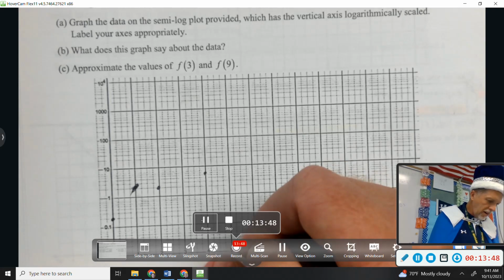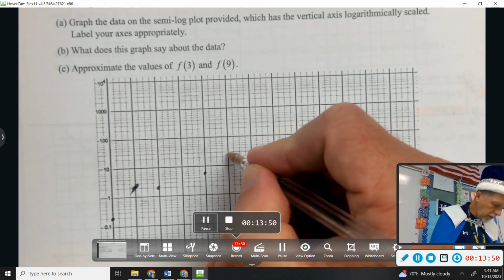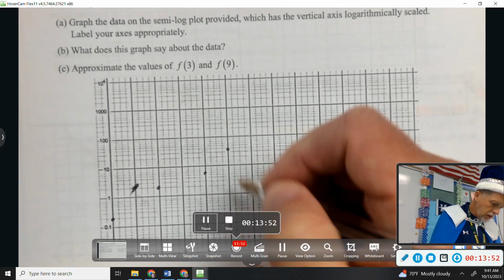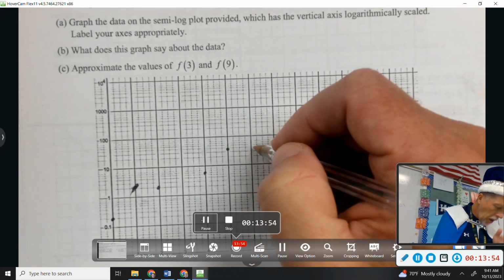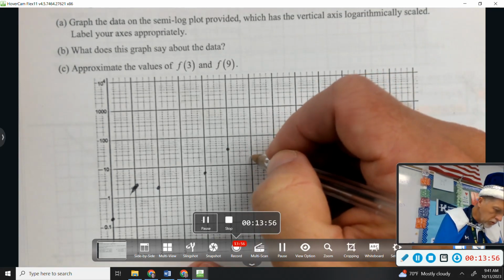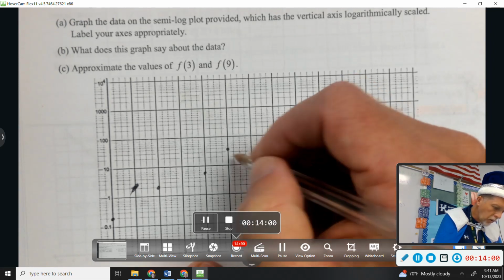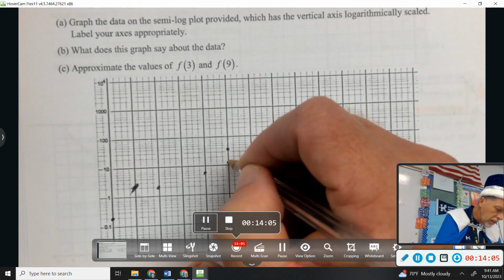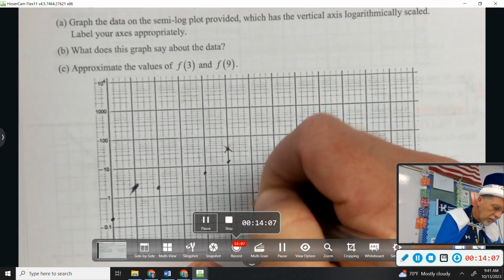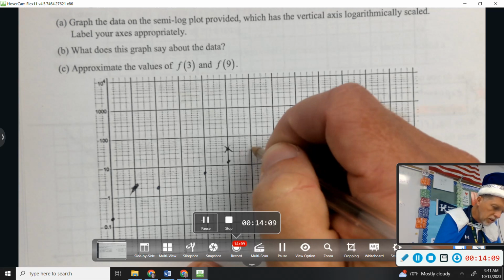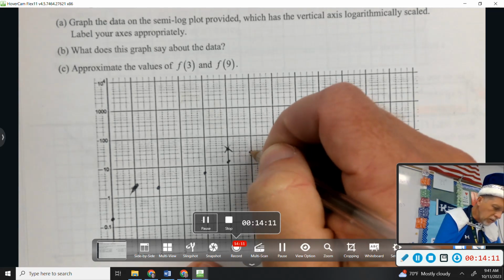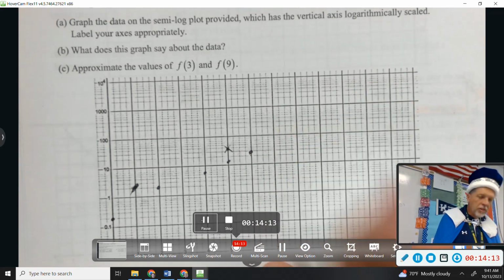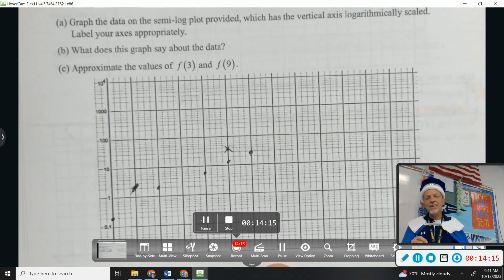Then 5, 12.8; 6, 29.4. Oh, I put 12.8 in the wrong spot because I was looking at the wrong thing. That's why you do math in pencil. So there's 29.4. Plus, I'm expecting this to be linear, so I kind of have a built-in check.